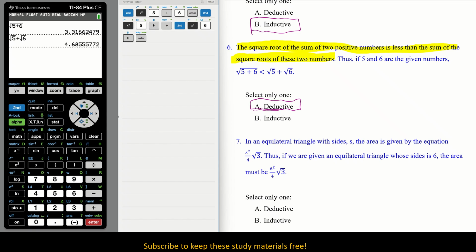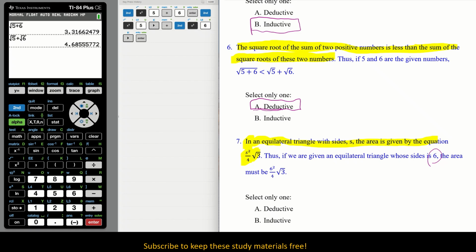Some of us may say that's an example because it's an equation. No. It's a formula, because it has that unknown variable in it. So they are starting from the general, and this whole blanket statement is general. We really can't plug anything in yet until they give us that 6. And then we could solve.